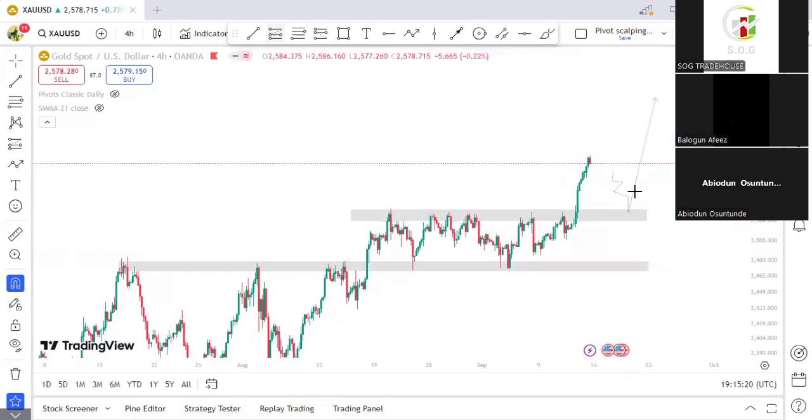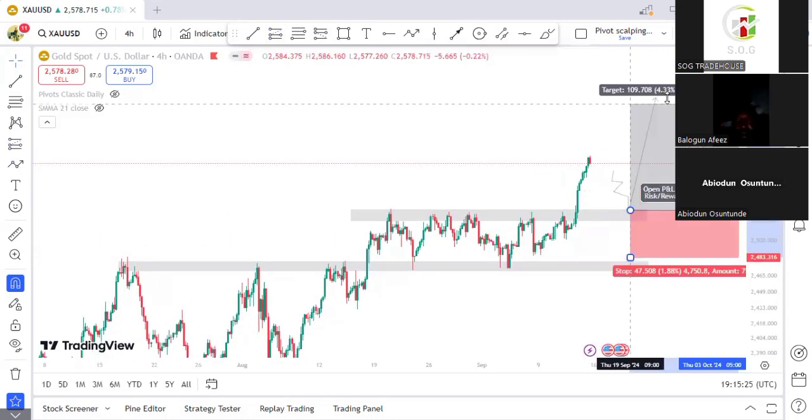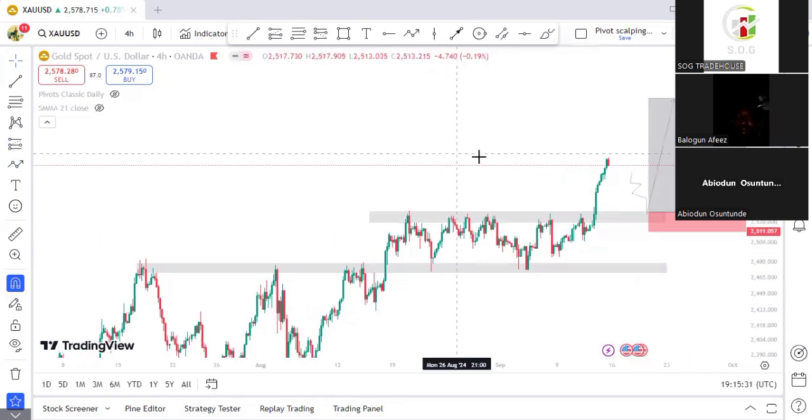We were just waiting for the market to retrace back to this level of support to take the market to the upside. So this is my analysis on gold. So I'll take a quick snapshot of it. So I'll send it to the group as one of our watch lists.